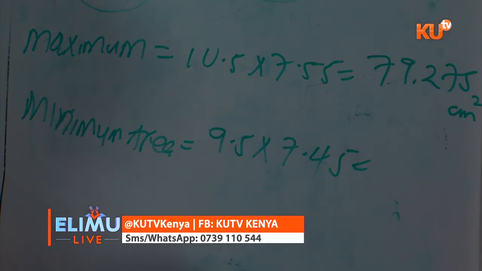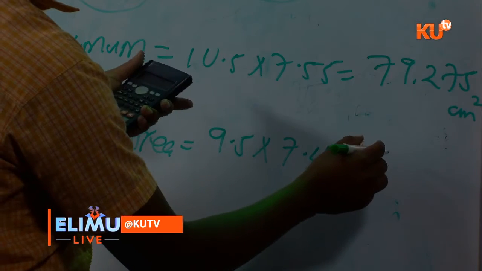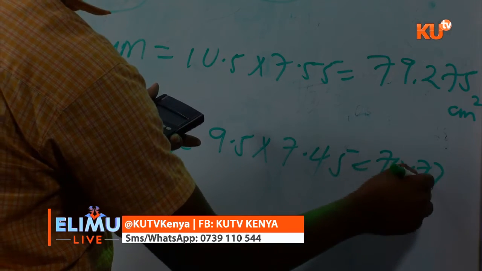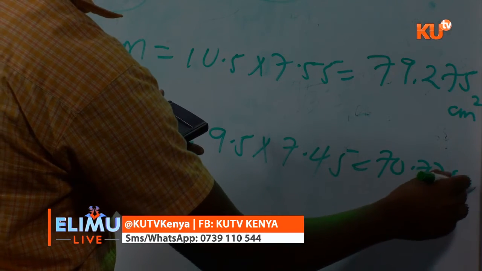You take your calculator there and multiply. So you get 70.775 centimeters squared.